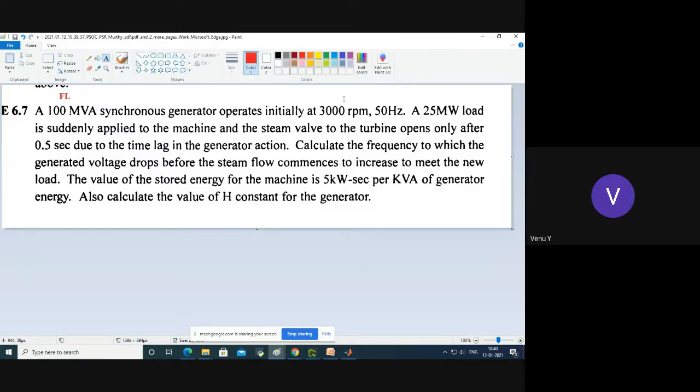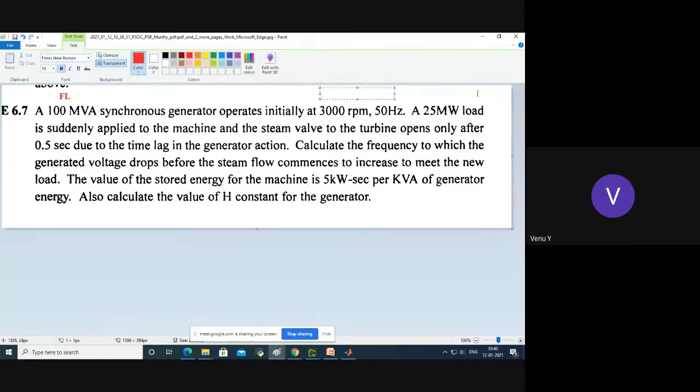Okay. So this is the rated speed and corresponding frequency. Rated speed and frequency are 3000 RPM and 50 Hz.